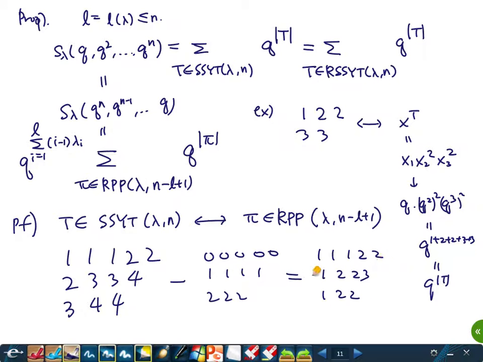We have weak inequalities. This is in fact a bijection. Okay, the maximum entry is n, but we subtracted this by.